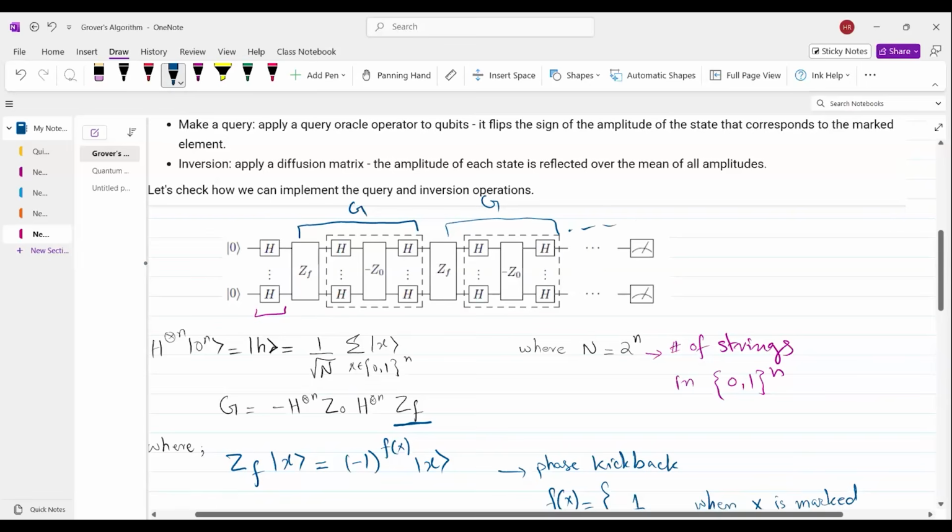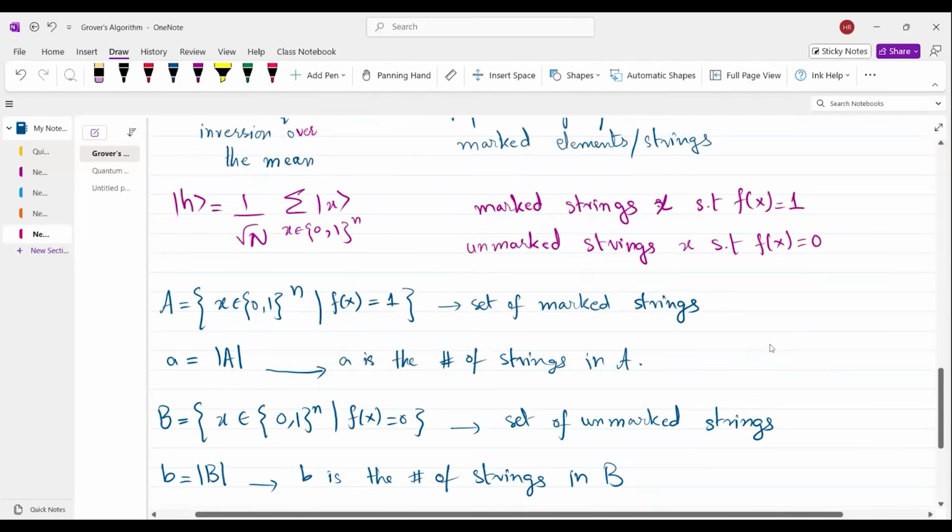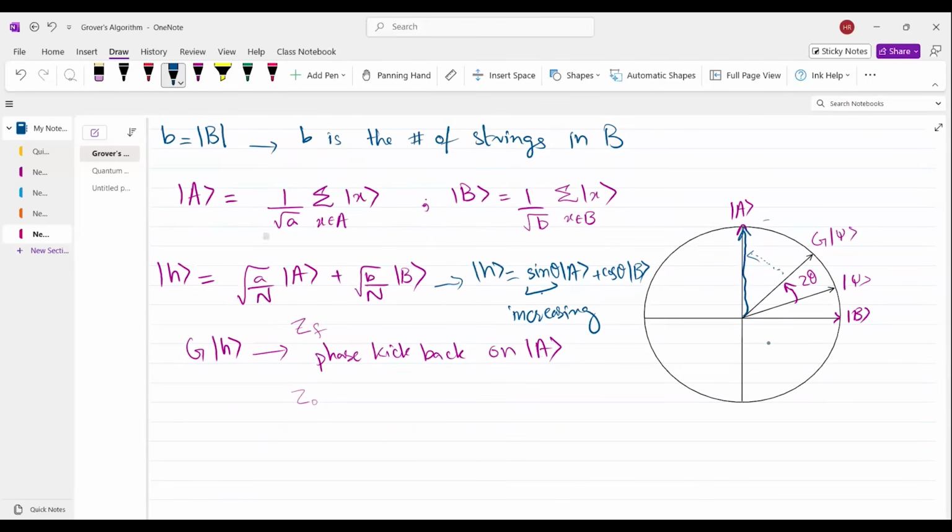How many times? K times. This is a very essential part of the algorithm, that we need to determine how many times we should apply the operator G so that when we do the measurements we get the set of marked strings, right? Otherwise, if we keep applying the operator G, it will move away from the state A.